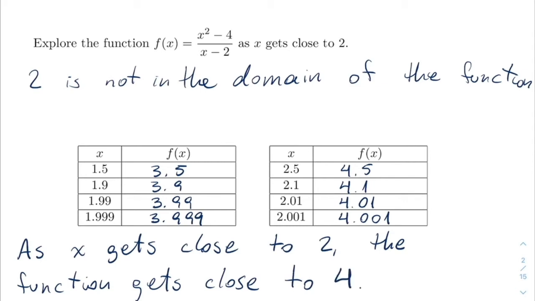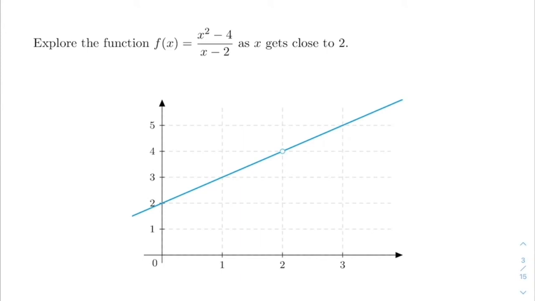Okay, so let's see what we mean by this graphically. Using a graphing device, for example, your computer or a graphing calculator, you can find the graph of this function, which I plotted here in this slide. So we can see what is going on by looking at the graph. Notice first of all that we have this hole.